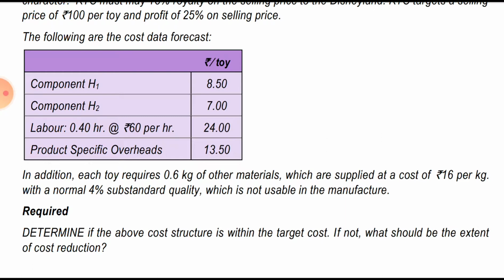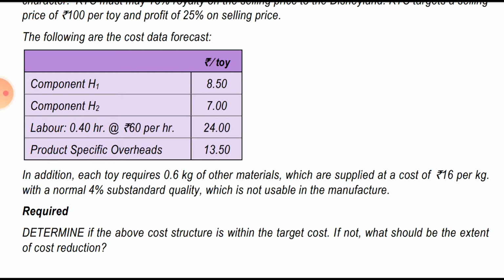So what we will do is divide this 0.6 by 0.94, or you can say by 94%. Sorry, I have done a little wrong, it should be 96%.